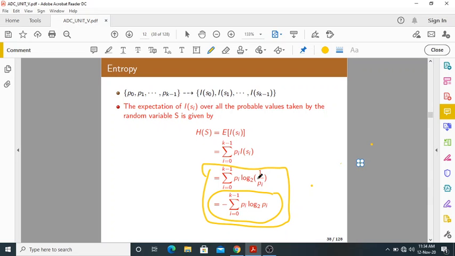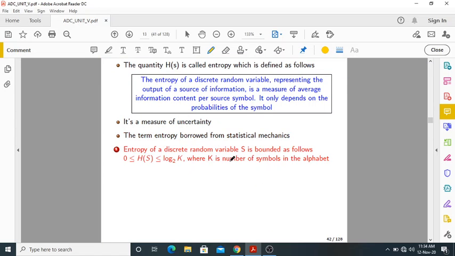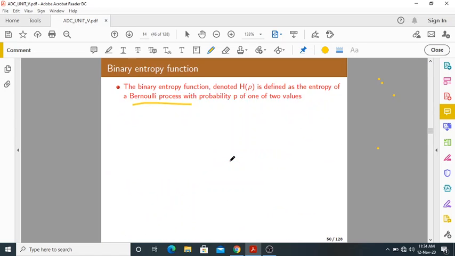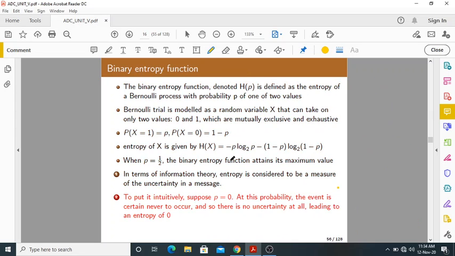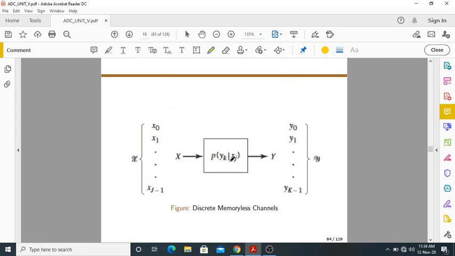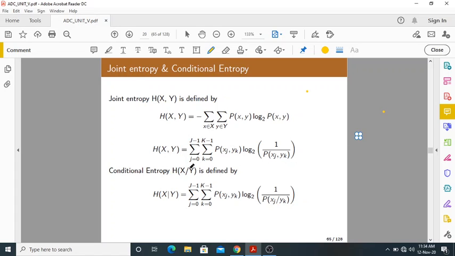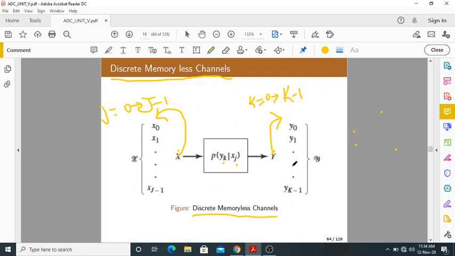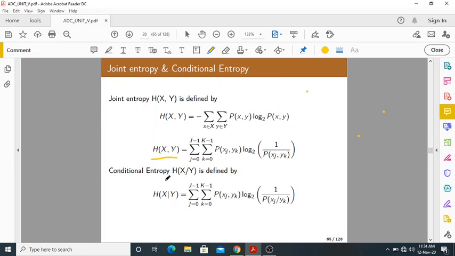It is the entropy of a symbol S. Now here we will find out another two types of entropies, namely joint entropy and the conditional entropy. Now H of X comma Y is nothing but the joint entropy of X and Y. What is X? What is Y? X is the input alphabet, Y is the output alphabet.